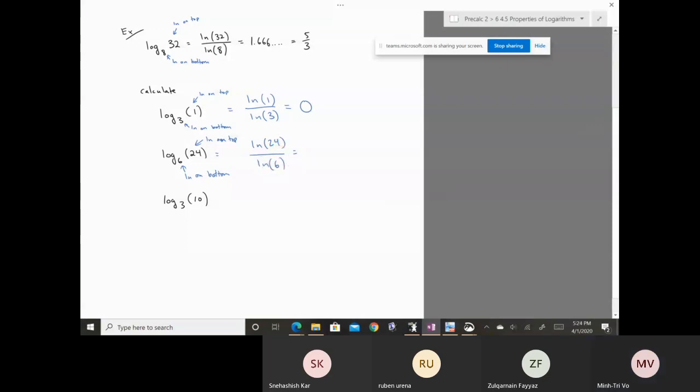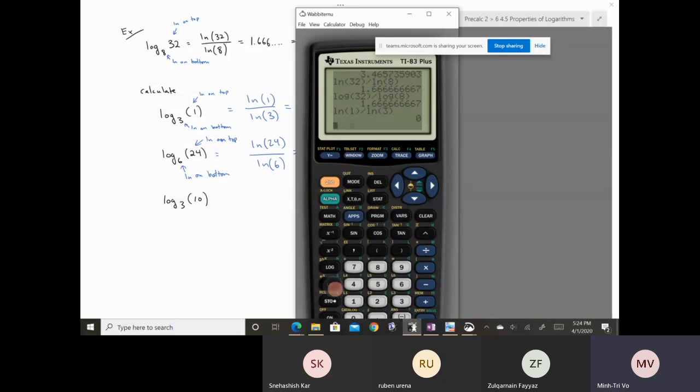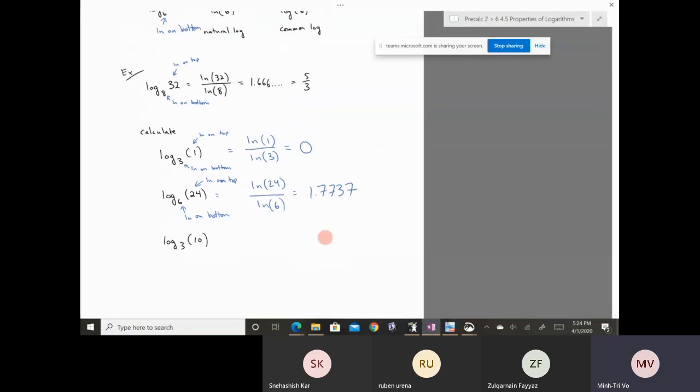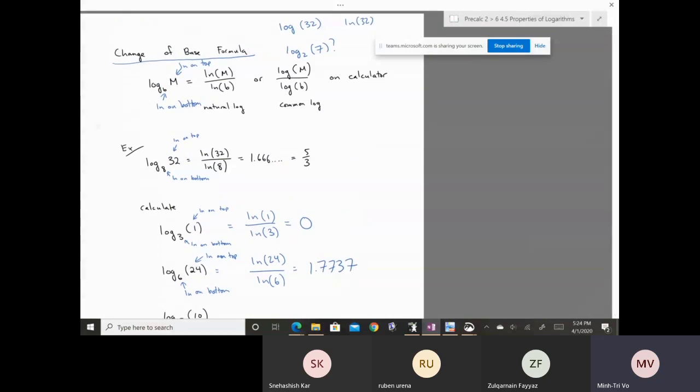And then just enter it into the calculator just like that, and you get 1.7737. Okay, so that's the basic idea behind the change of base formula.